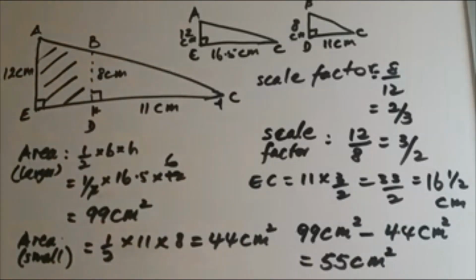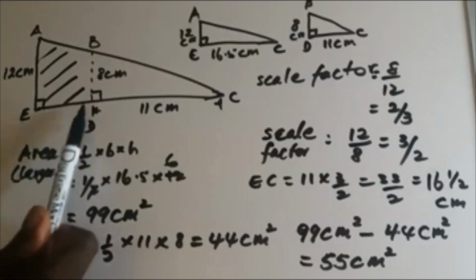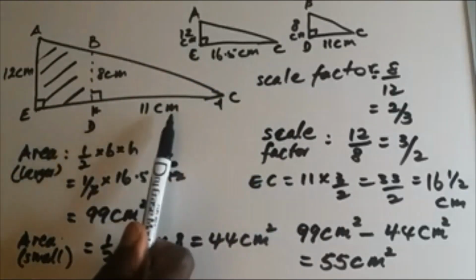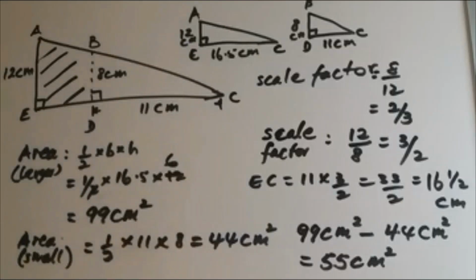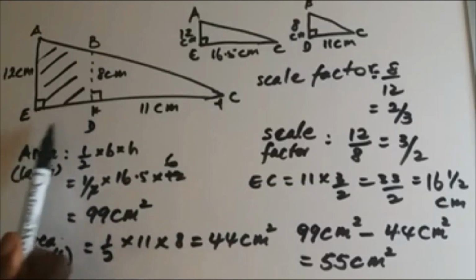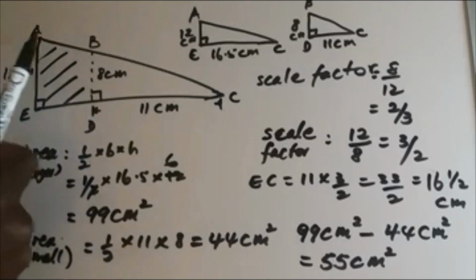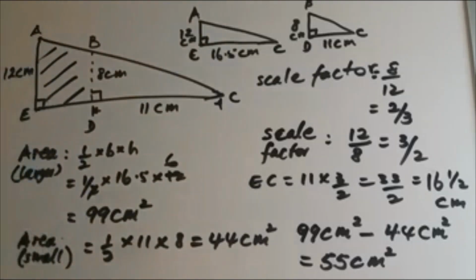Is there a way of checking this? Well, you could go about finding out what this length is, ED. We know the overall length is 16.5, and if this is 11, then the difference between them, which is 5.5 centimeters, will give you this length, ED. And then you can use that to calculate the area of the trapezium, which is half the sum of the parallel sides, and we can actually do this mentally.